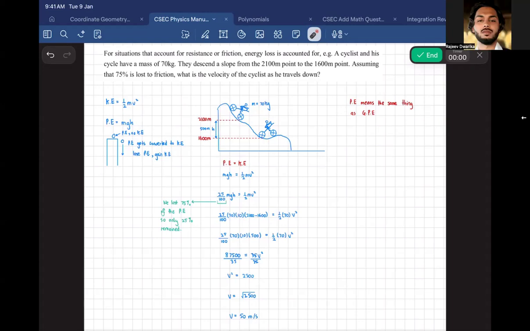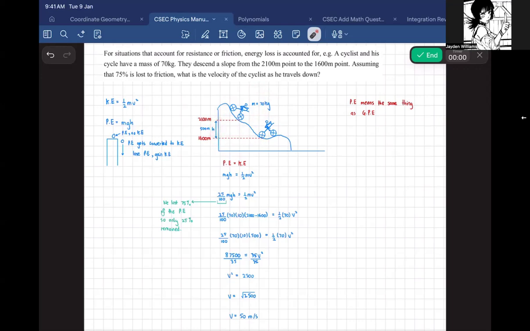Now, in this question, they are telling us we have a cyclist here. My amazing drawing. The cyclist right now is 2,100 meters away from the ground. He then cycles until he's 1,600 meters away from the ground. So what height did he traverse?